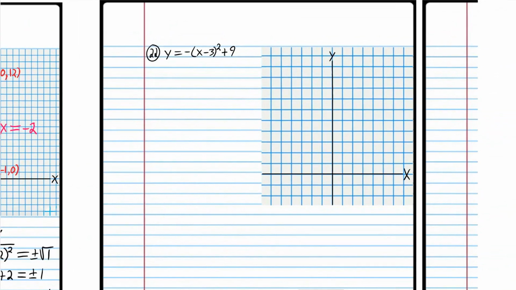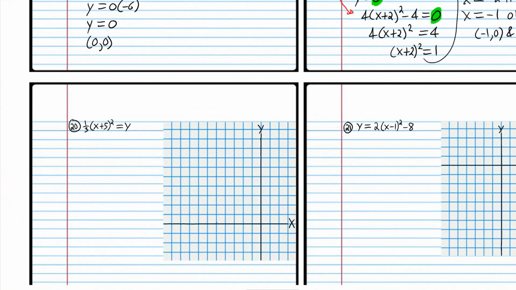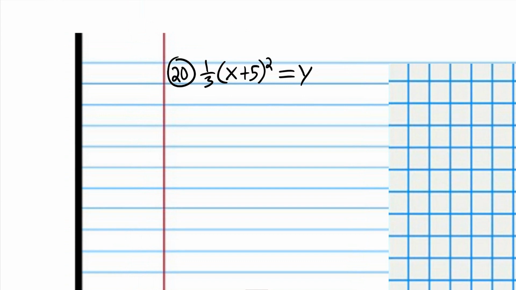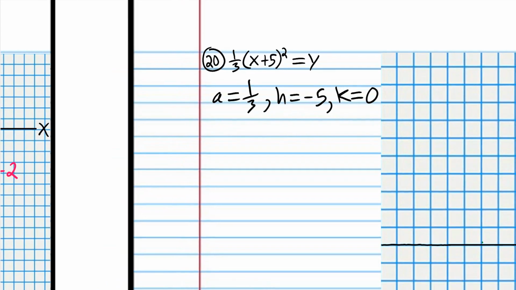Okay, so let's do one more of those problems before you try one on your own, down to number 20. So this is in vertex form, so let's go ahead and label the constants. H is going to be the opposite sign, and it doesn't appear that there is a k. Where's the k? It's not there. Well, if it's not there, it's just considered to be 0. In fact, let me go ahead and write that in.